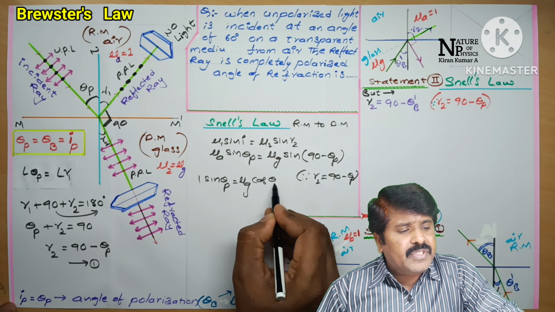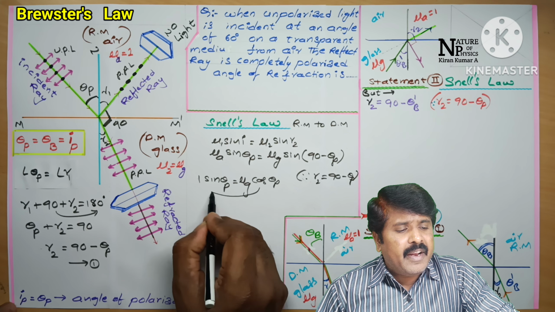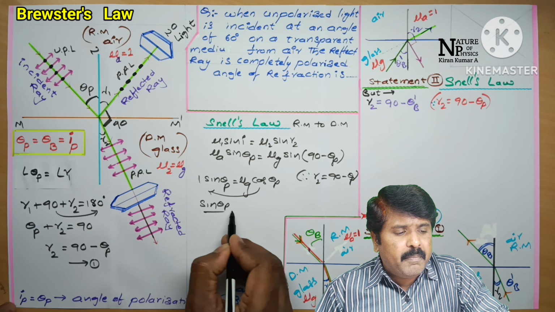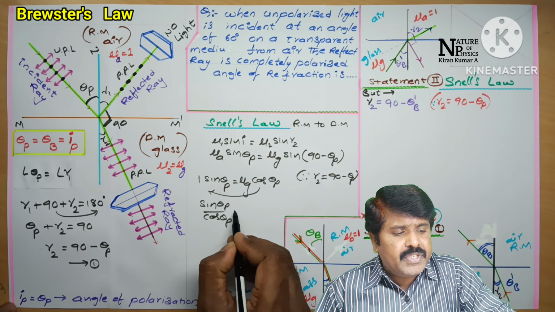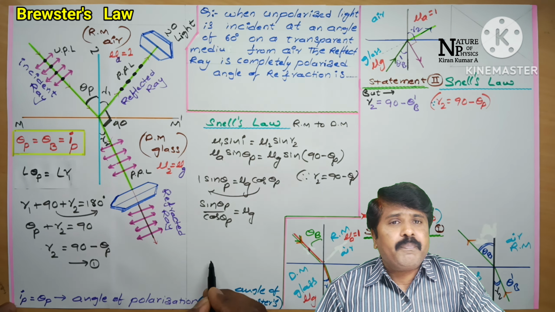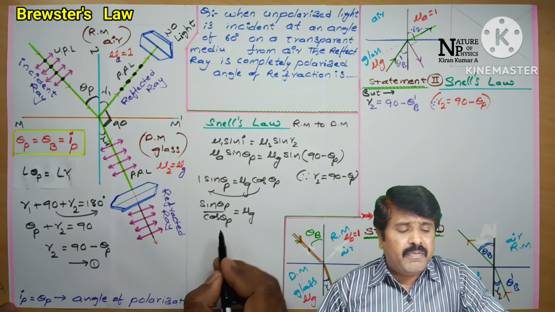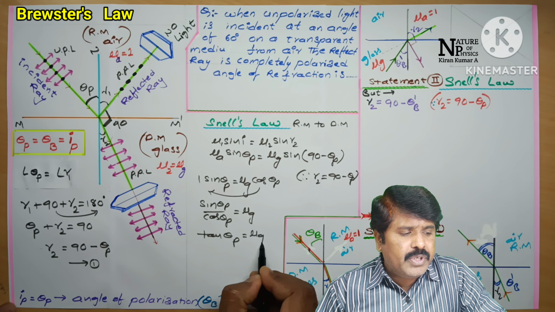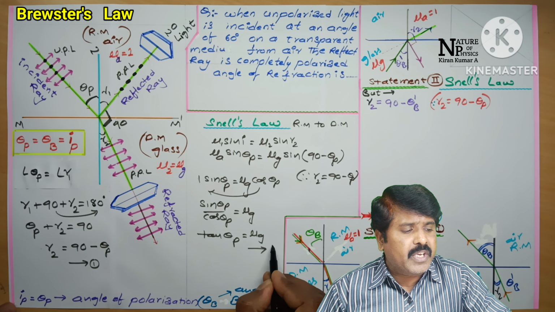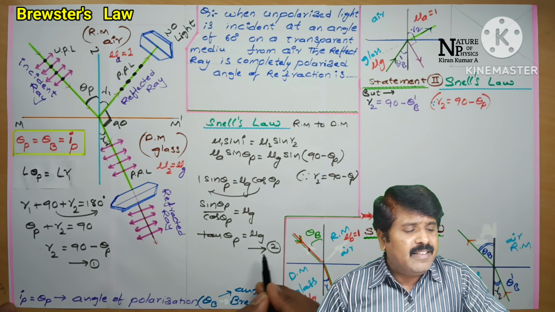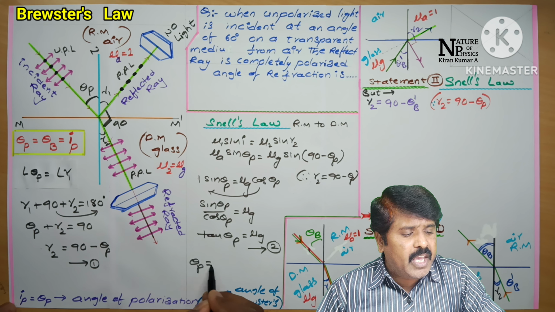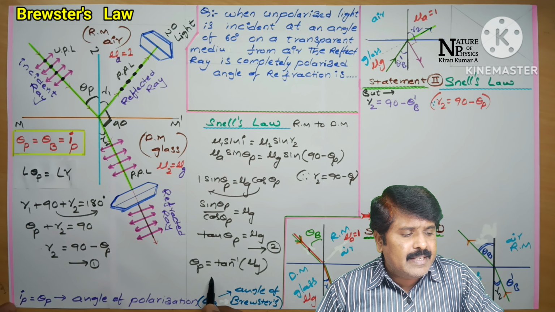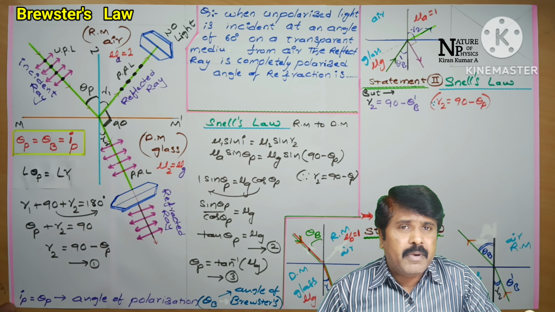That is what I wrote here, and rearranging that equation, sin theta p divided by cos theta p is equal to mu g, and sin theta by cos theta is equal to tan theta p, which is equal to mu g. This I can write as equation number 2, students, and then continuing, theta p is equal to tan inverse of mu g. This I can write as equation number 3.